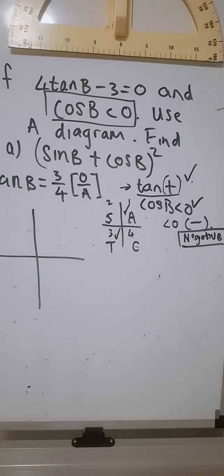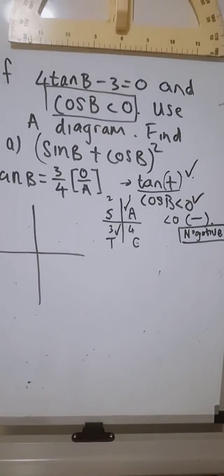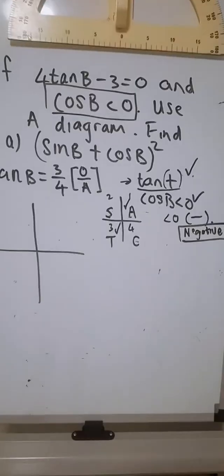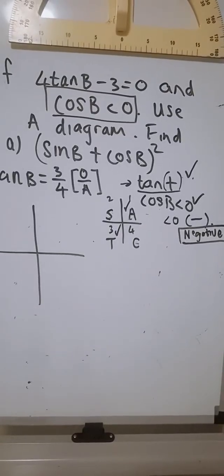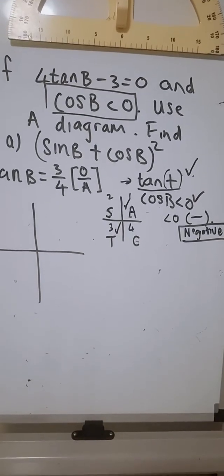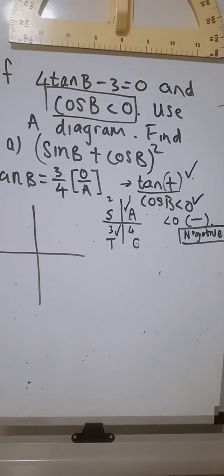Okay, cos is negative in the second and the fourth quadrant. Is it? Okay, third, sorry. So which two then are we accepting?